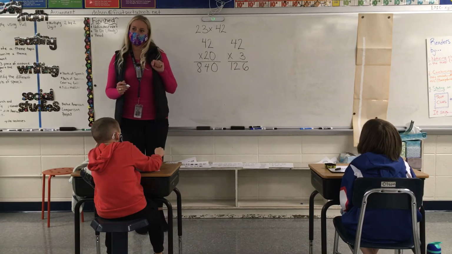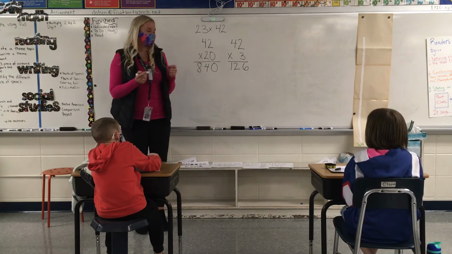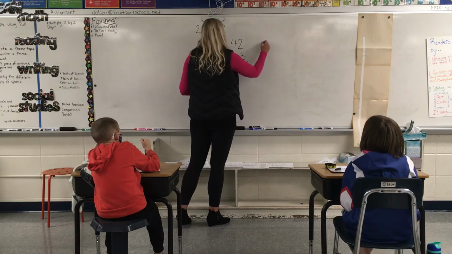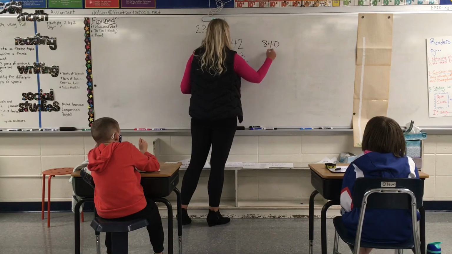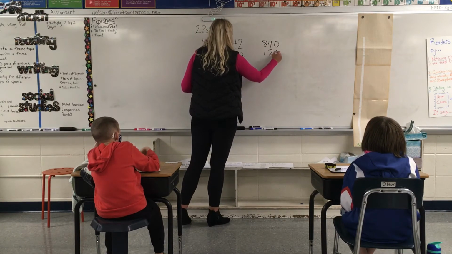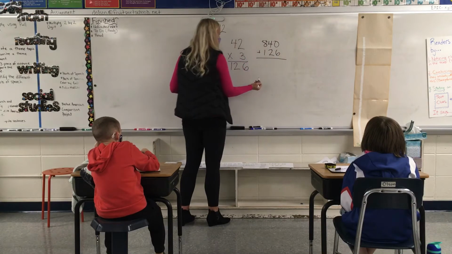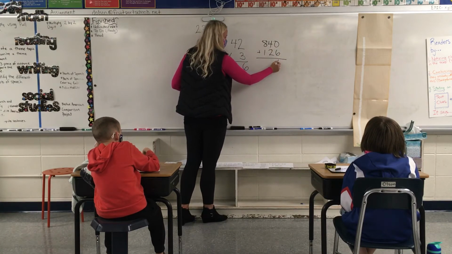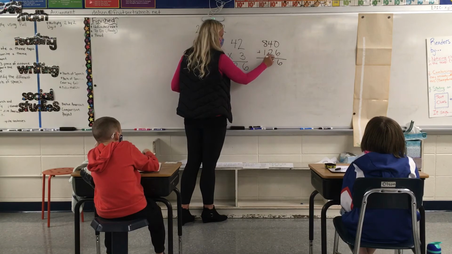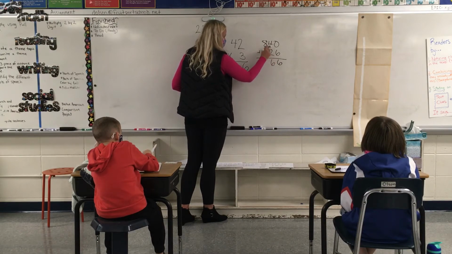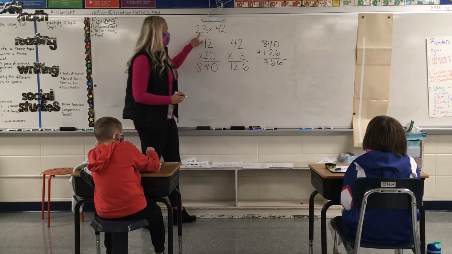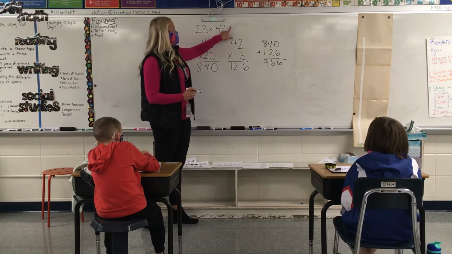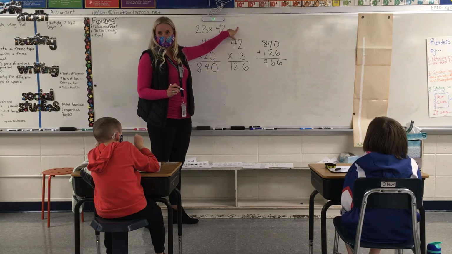What do you think I need to do next? Add them together. I can add these right together. I have 0 and 6 is 6. 4 and 2 is 6. And 8 and 1 is 9. So 23 times 42 is 966.